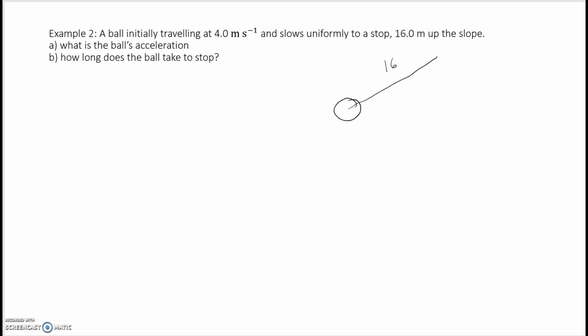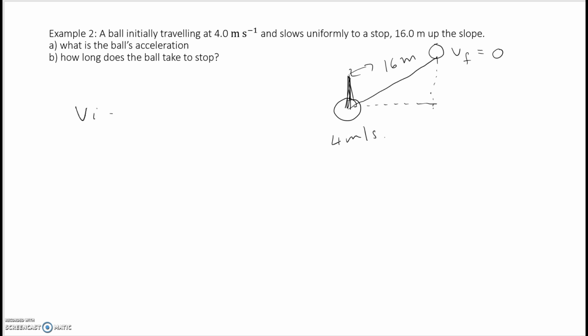The slope is 16 meters long, and starts with an initial velocity of, we're told it starts with 4, and then at the end obviously the ball has the final velocity of 0 because it's stopped. Right, so it's 16 meters up the slope and it starts off at 4 meters per second.